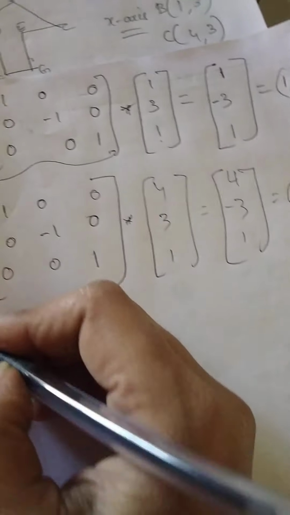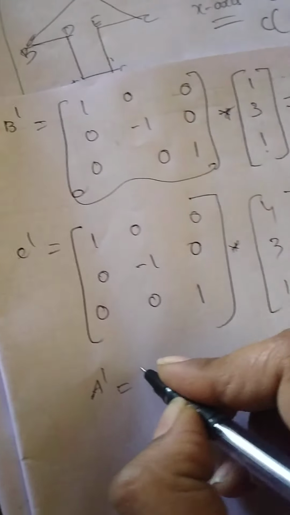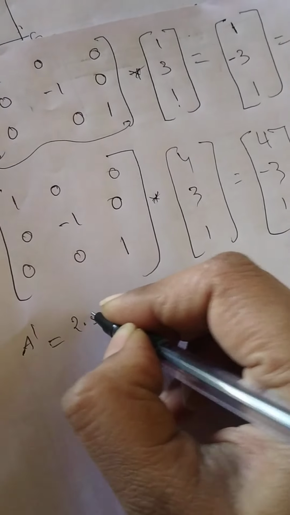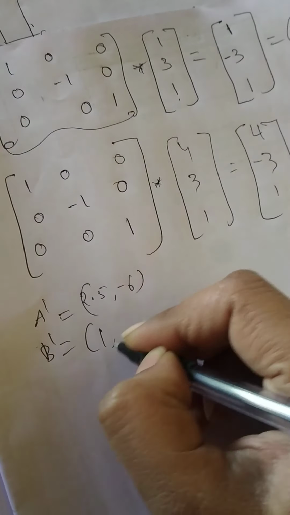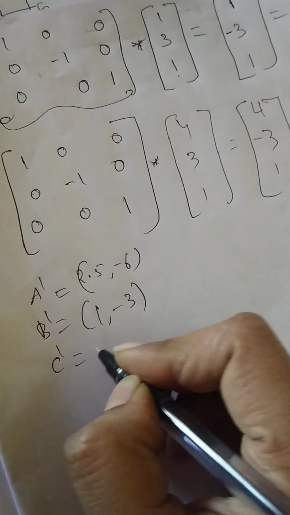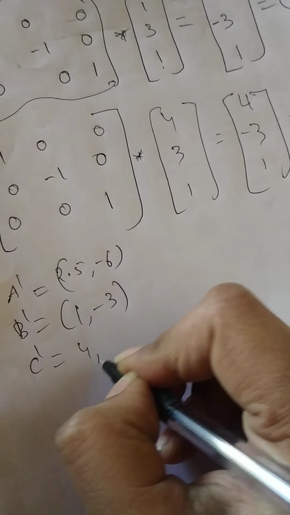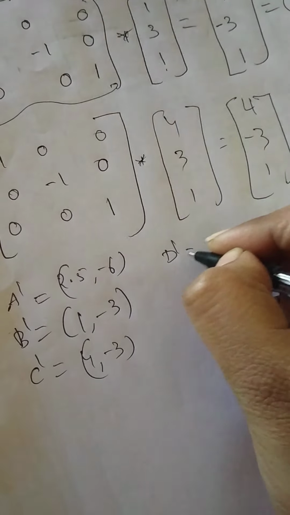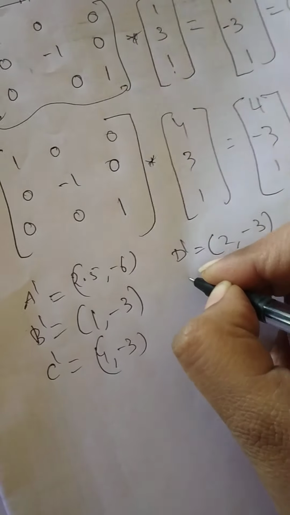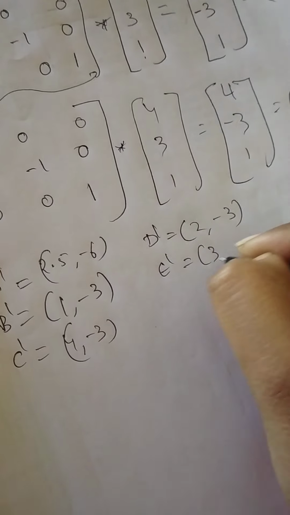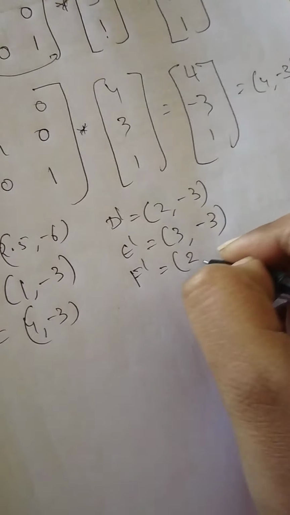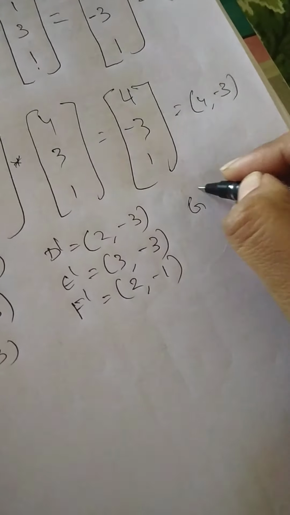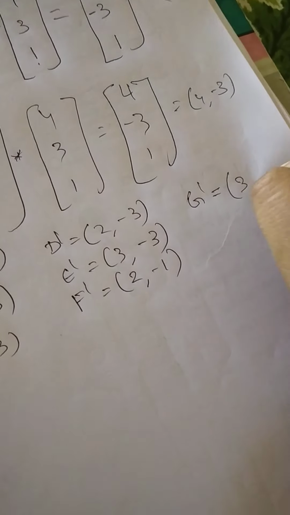Now if I repeat the same for all the other points, this is what I get. A dash as this, B dash as 1 comma minus 3, C dash is 4 comma minus 3, D dash will be 2 comma minus 3, E dash is 3 comma minus 3, F dash is 2 comma minus 1, and G dash should be 3 comma minus 1.